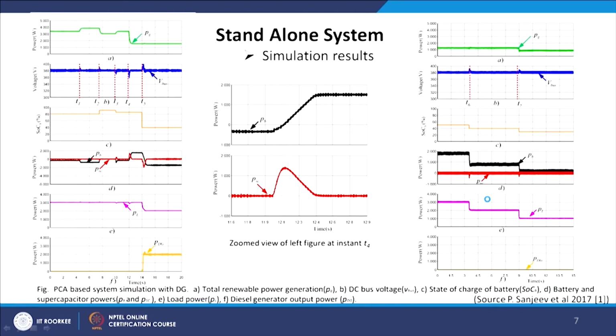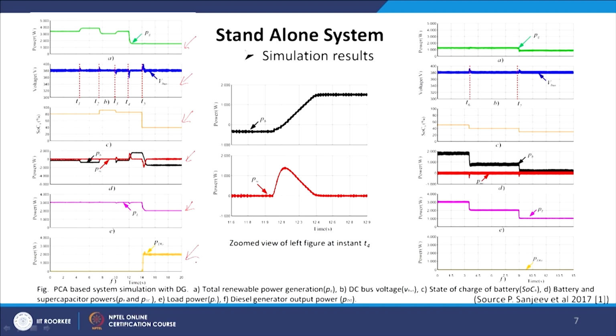Now, let us focus on a very interesting simulation, where the first characteristic represents your renewable power generation, and the second one represents your DC bus voltage, and this is the state of charge of my battery, and this is the power of my battery and supercapacitor. Then this is the load power, how the load is being taken care of, and this is my diesel generator output.